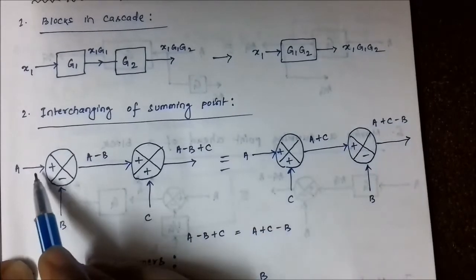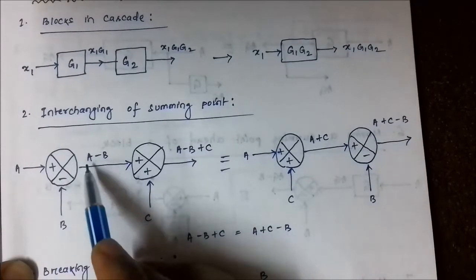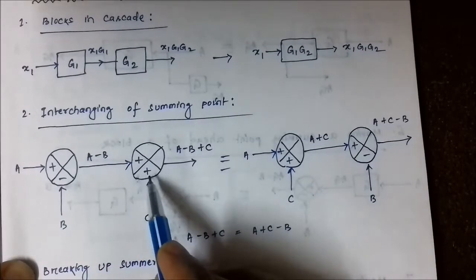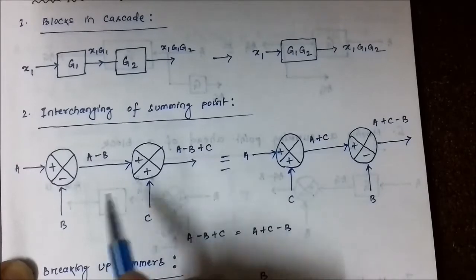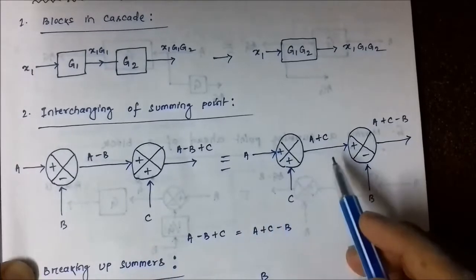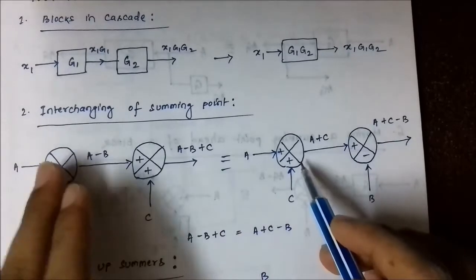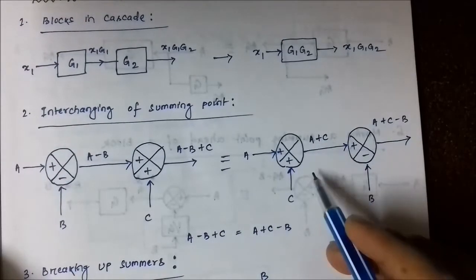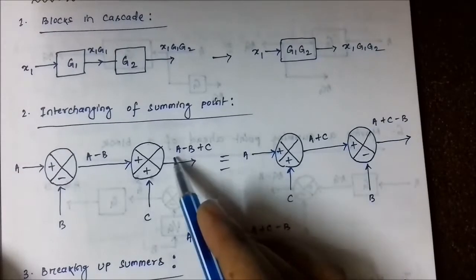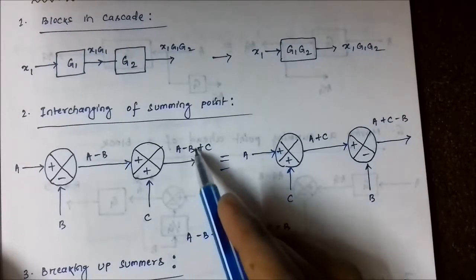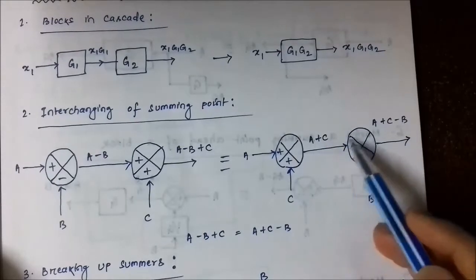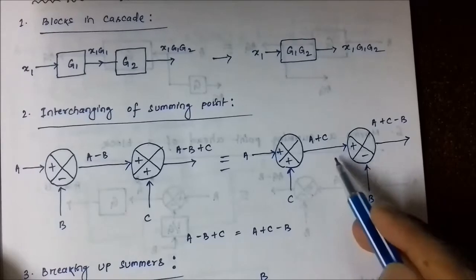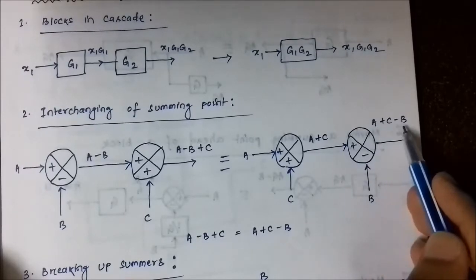Here the output of this summing point was A minus B. So this input was A minus B, here we got C, so it's A minus B plus C. And here we moved this block here, so the output of this summer was A plus C. Okay, we got this much portion, A plus C. Now we are concerned with this minus B part. So A plus C has gone to this summer and this vertical input has gone here. So A plus C minus B.